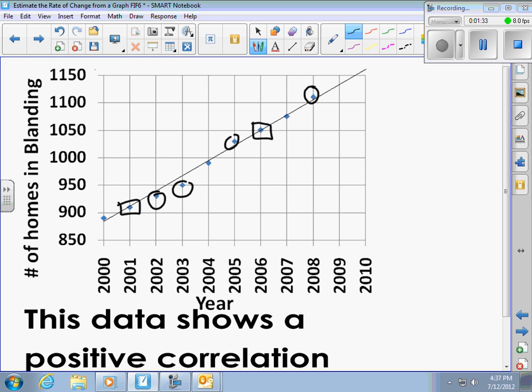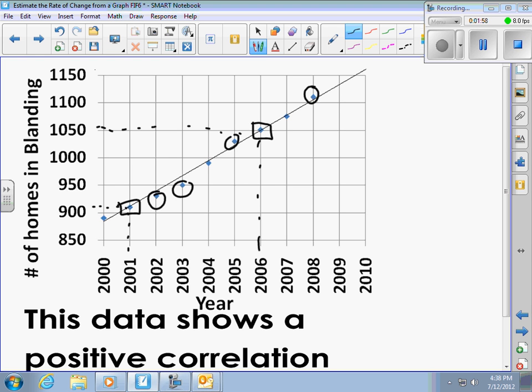And that one we could estimate it's between 900 and 950. It's closer to 900. What is it, 910? So if we look over, we see 1050 in 2006 and maybe 910 in 2001.